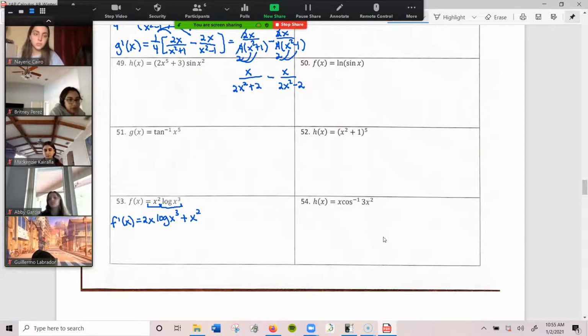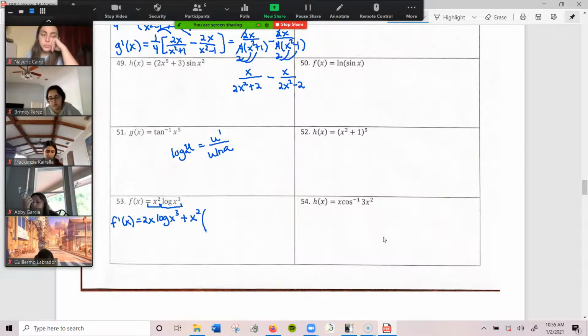And as a reminder, the derivative of the log of, let's say, u, would equal u prime over u times the ln of the base. Let's just say that's a. Okay?